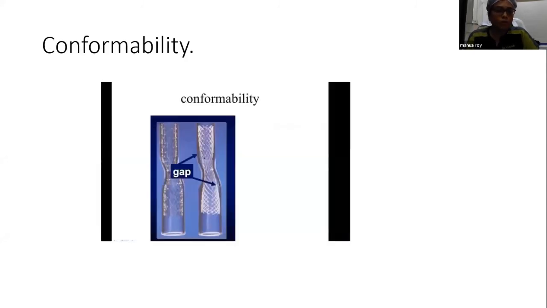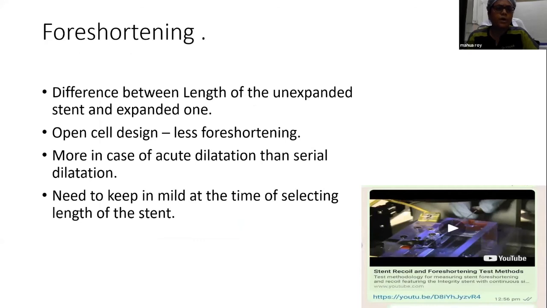What does it mean by conformability? If we place a stent in a curved or tortuous vessel, then there is a chance of a gap between the stent and the vessel, so the chance of thrombus formation is more. In such cases, self-expandable stents are preferred. What does it mean by foreshortening? The difference between the length of the unexpanded stent and the expanded one is known as foreshortening.